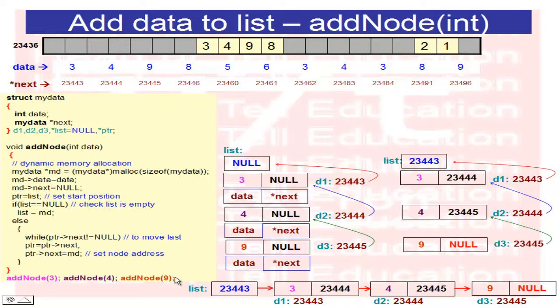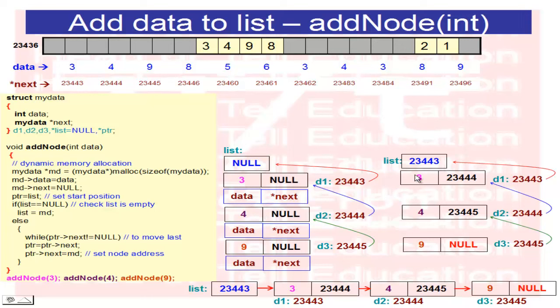Okay, because this is the third call and last, I have assigned null to stop. Now again ptr equals list, means the first address is again assigned to the ptr pointer. So this time ptr is not null, so we come here. We already have two variables in the list.